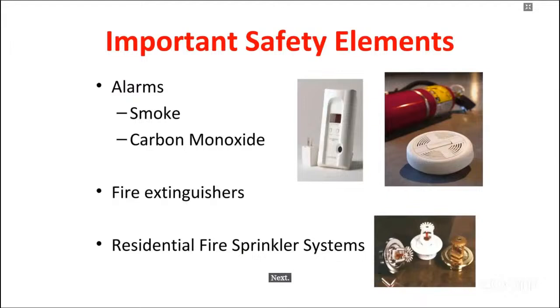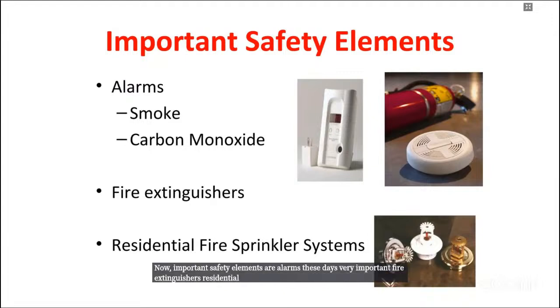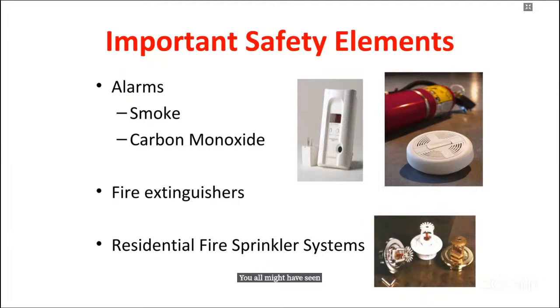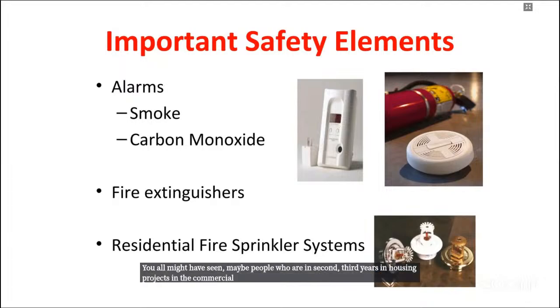Now, important safety elements are alarms these days, very important, fire extinguishers, residential fire sprinkler systems, which you all might have seen, maybe people who are in second, third years, in housing projects, in commercial projects, in small scale or large scale projects, the fire sprinkler system being a very important part of the services these days. Next.